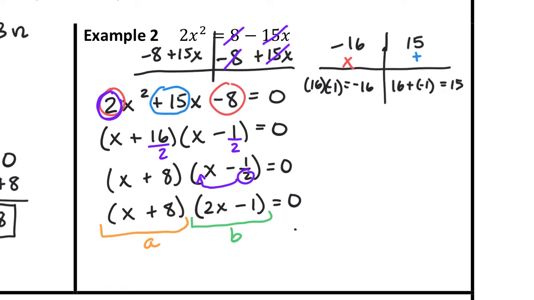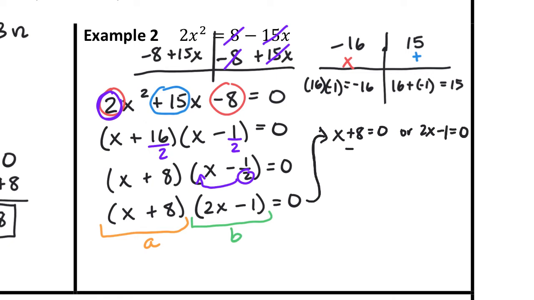Either x plus 8 is 0, or, let me continue over here. So we have either x plus 8 equals 0 or 2x minus 1 equals 0.